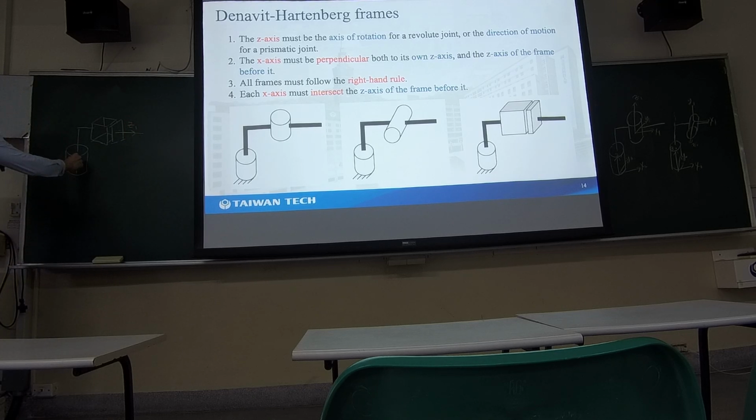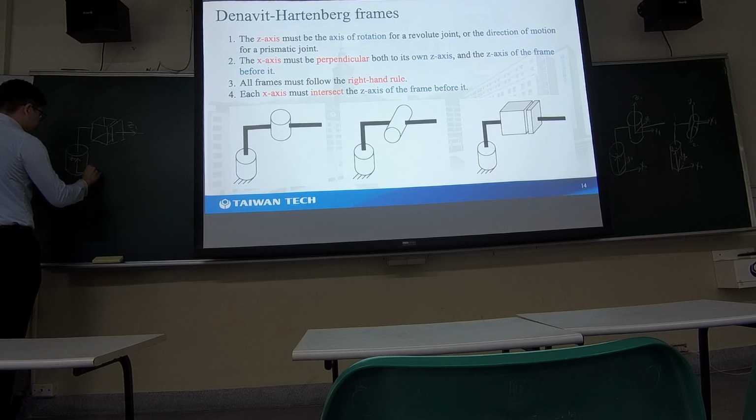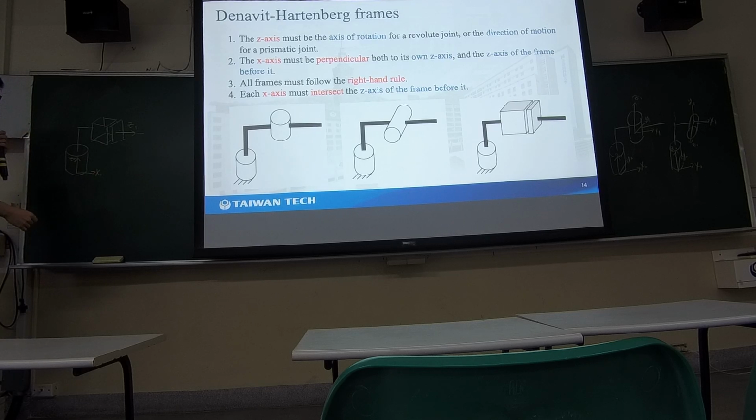So we know this is the axis of rotation, and this is the axis of the motion. And we can follow. This is x0.